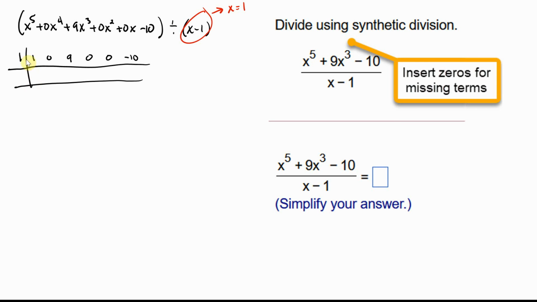Always bring down the first term, bring down the 1 here. So 1 times 1 is 1, 0 plus 1 is 1. 1 times 1 is 1, 9 plus 1, 10. 1 times 10 is 10, 0 plus 10 is 10. 1 times 10 is 10, 0 plus 10 is 10. 1 times 10 is 10, minus 10 plus 10, 0 remainder.